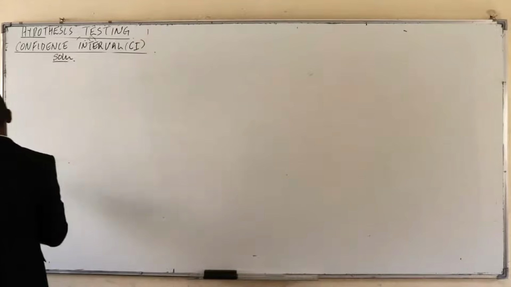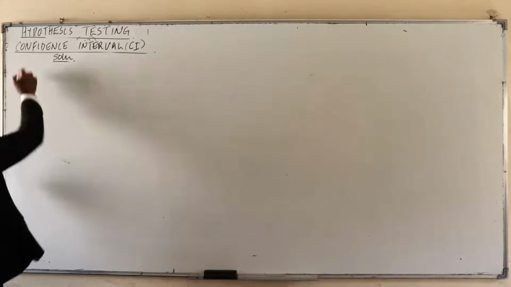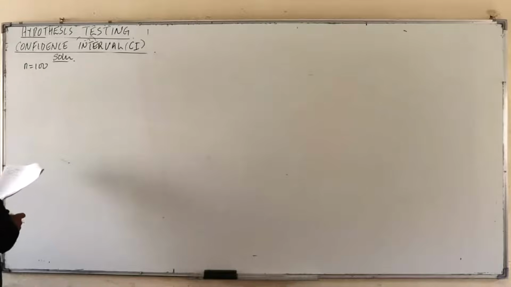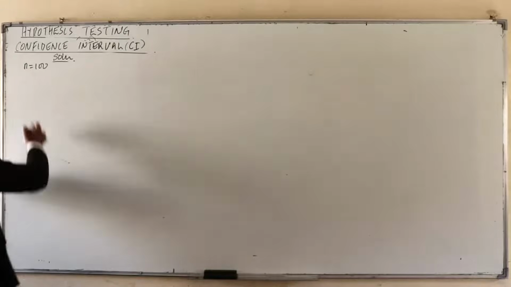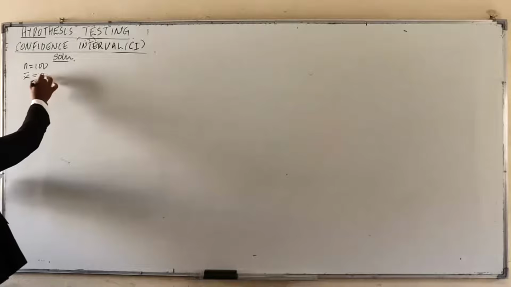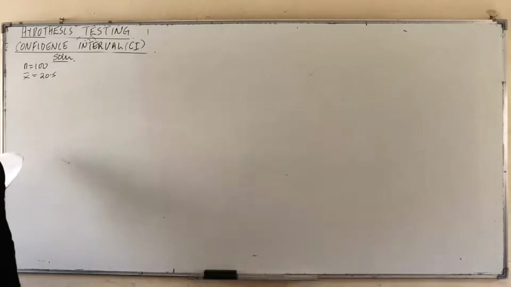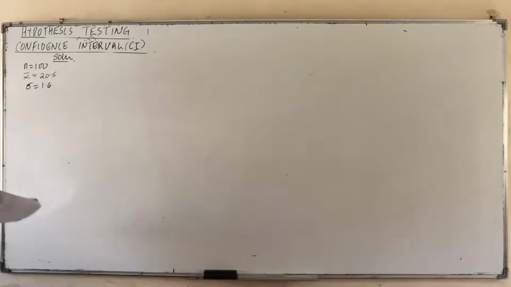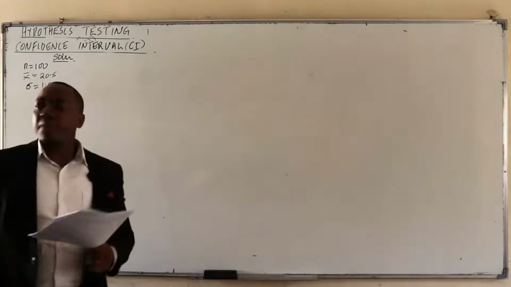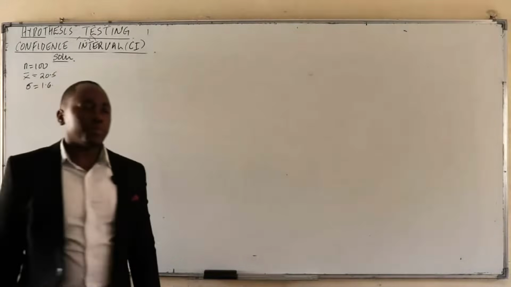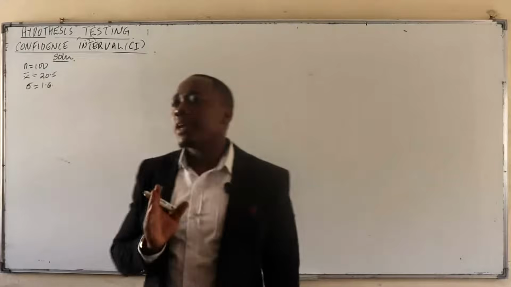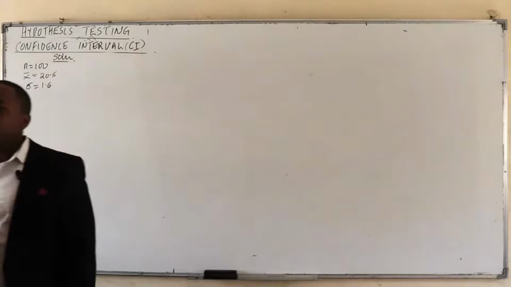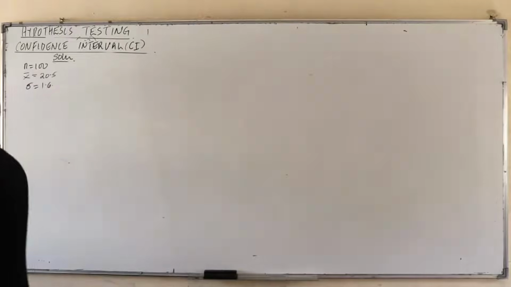You're told that a sample of 100, so N is 100, of tubes from XYZ Limited Company gives a mean length. Mean is the average, 20.5, and a standard deviation of 1.6. Now the question is, find a 95% confidence interval. We want to be 95% sure. If you want to be 95% sure, what's the margin of error? The margin of error will be 5%.